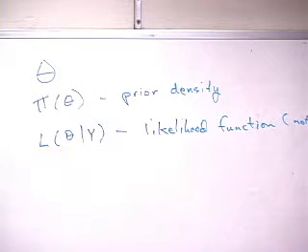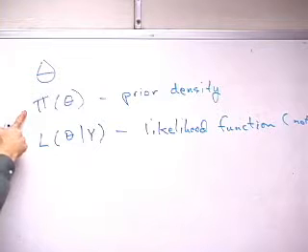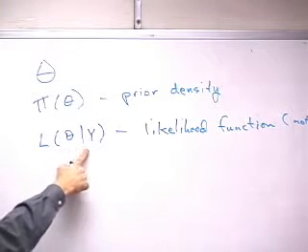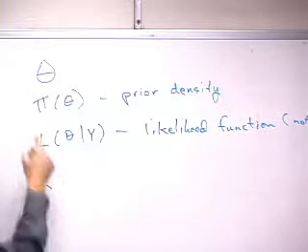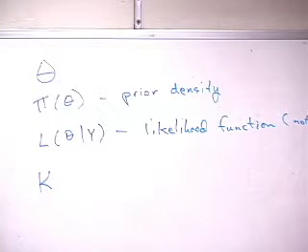And then what you get from here is a posterior distribution, which is a revision of your ideas about theta, the parameters, based on what you observe in the data. So you derive what I'm calling a K, because I don't want to use a capital pi, just because it's hard to distinguish the two.